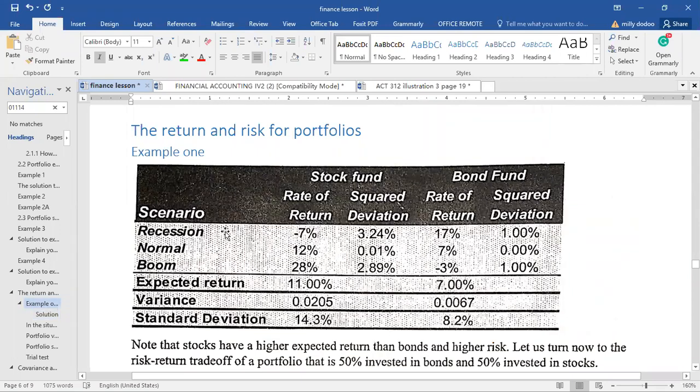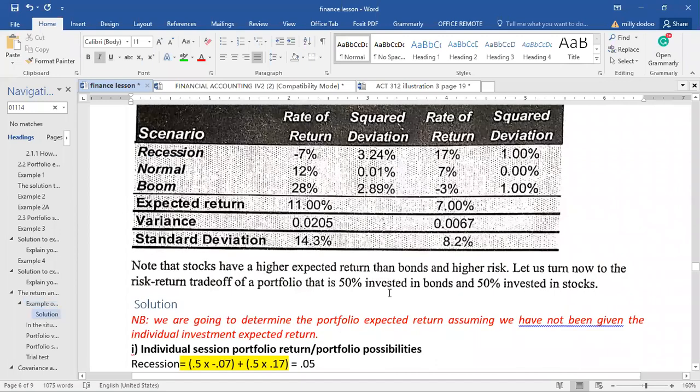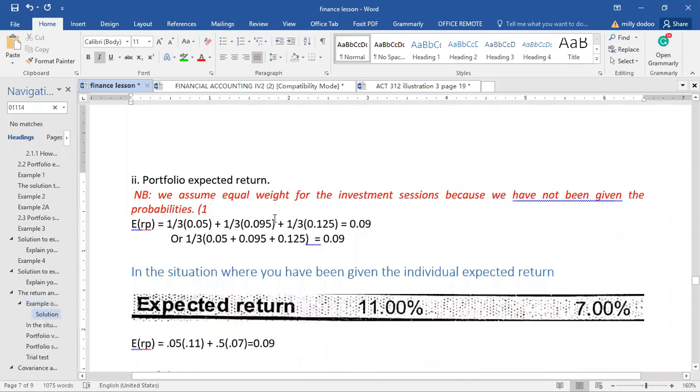So we have section 1, section 2, and section 3. Recession, normal, and boom. So if you want to know the probabilities for the investment, then we divide 1 by the 3 sections that we have, and you should get the answer to be what? 1/3, or 0.333333.